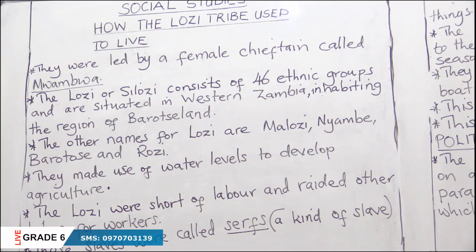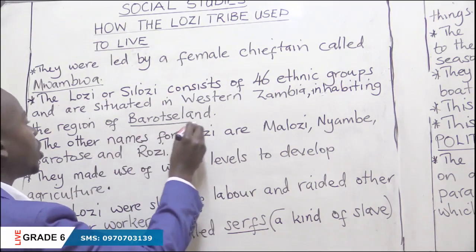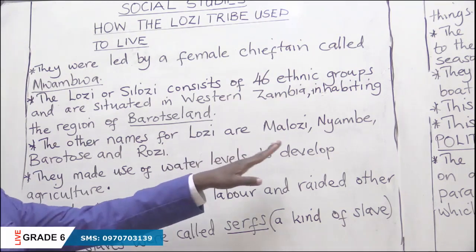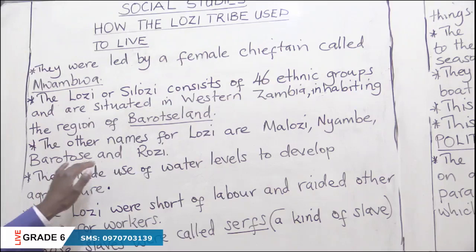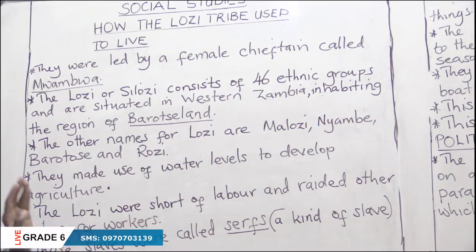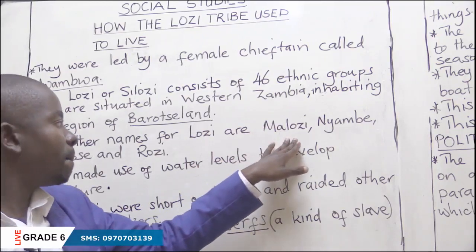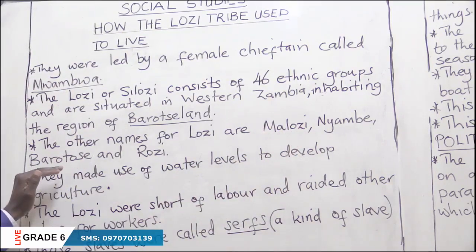So where the Lozi people are found, that region is called Barose land. The other names for Lozi are Malozi, Nyambe, Barotose, and Rozi.